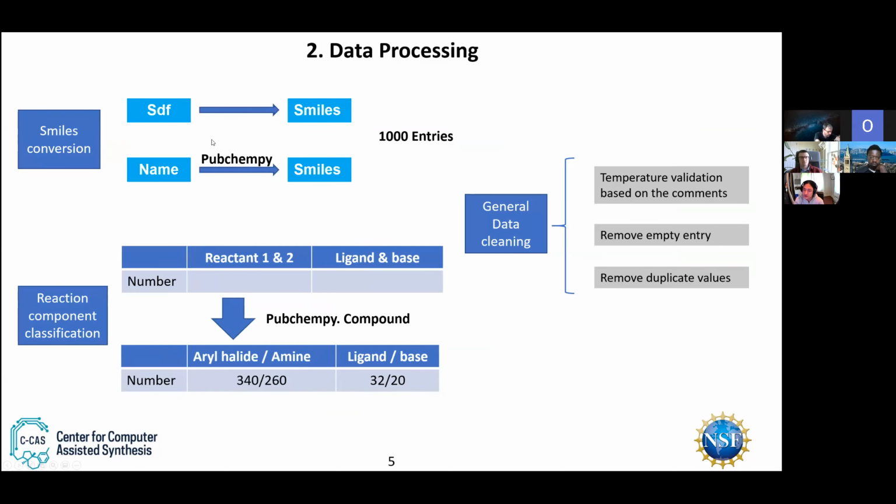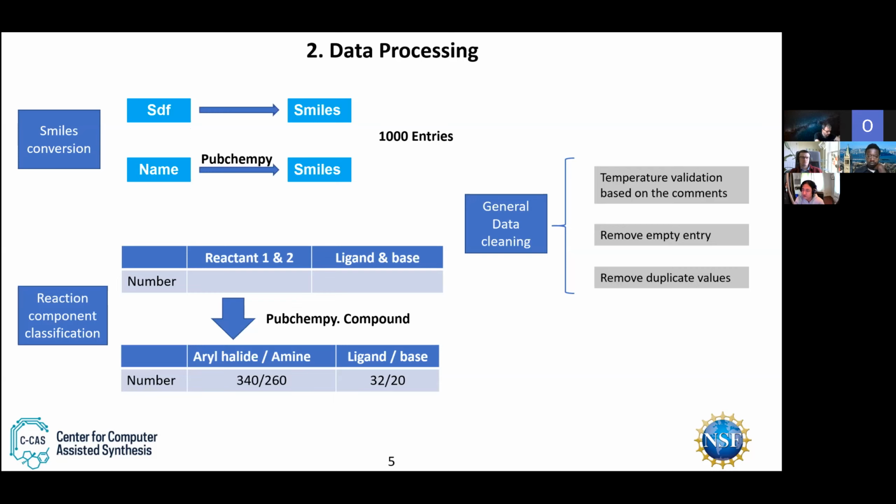First is to generate the SMILES strings from the SDF files from the compound database. For the compounds which have no SMILES strings, their compound names can be used with the PubChemPy Python package to get the rest of the SMILES strings.